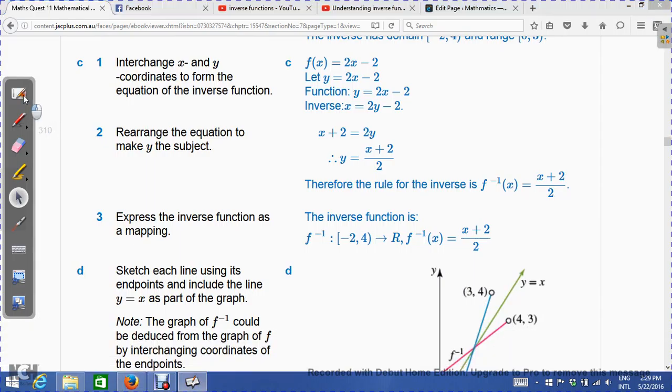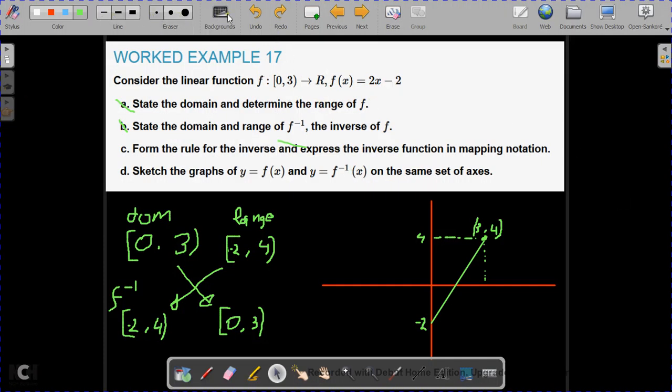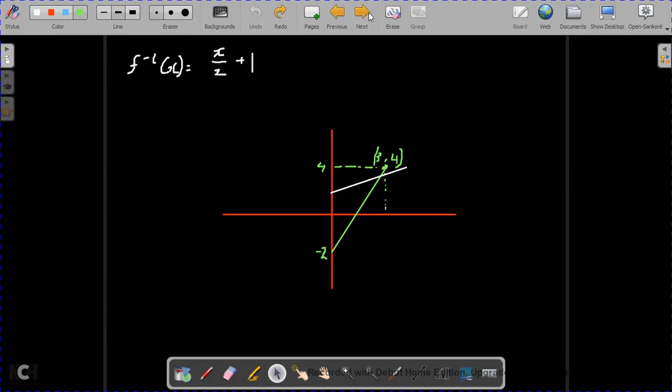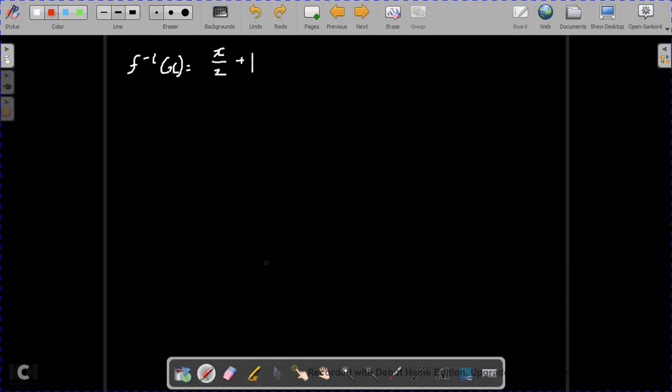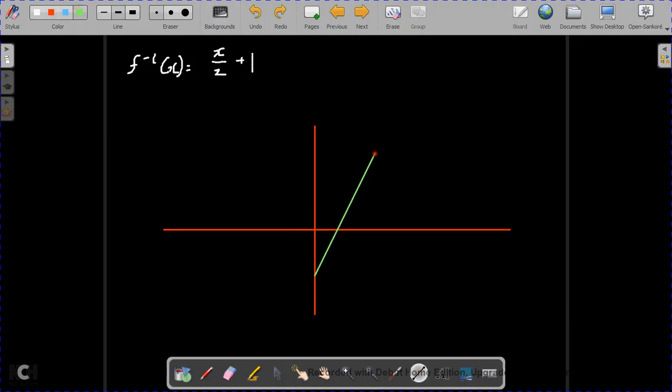I'm just going to fix up our graph. So it goes from minus 2 to 4. So let's just start again. So we've got a set of axes. Now our original function went from minus 2 to 3.